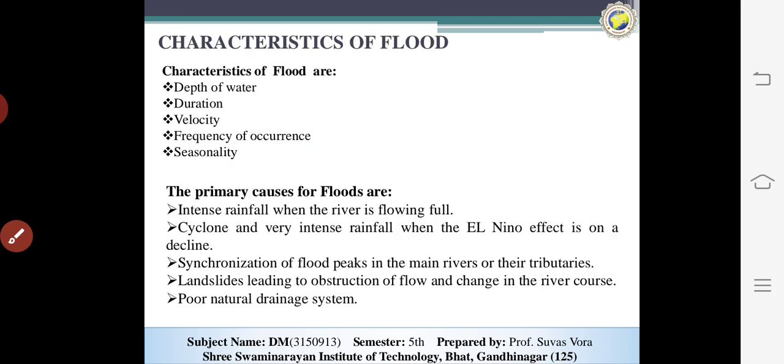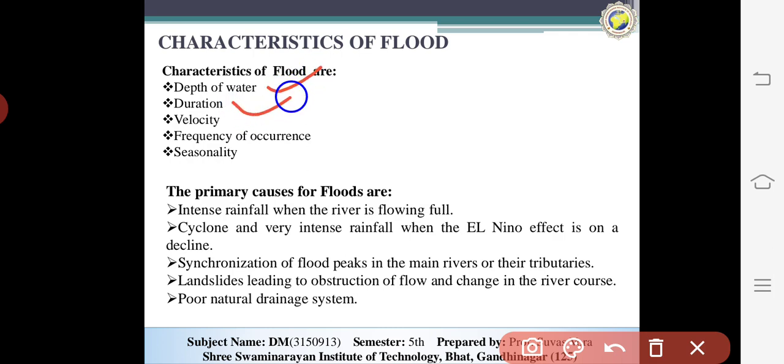Now the characteristics of flood disasters depend on the depth of water, duration, velocity, then the frequency of occurrence and the seasonality. Start with the depth of the water.